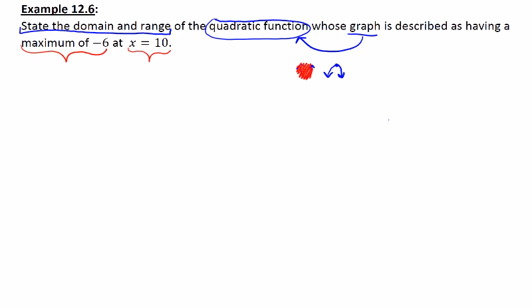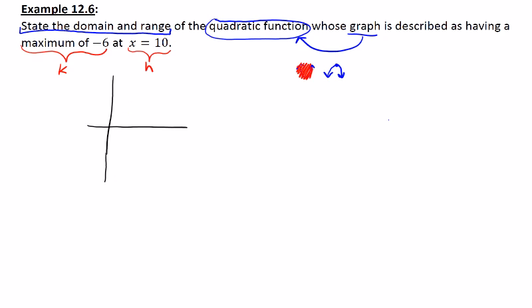Now, just to get the visual down, it says that we're supposed to have the maximum of -6. So that's going to represent the y value, which is what we call k. And then x equals 10 obviously represents the x value, which is what we call the h in terms of the vertex.